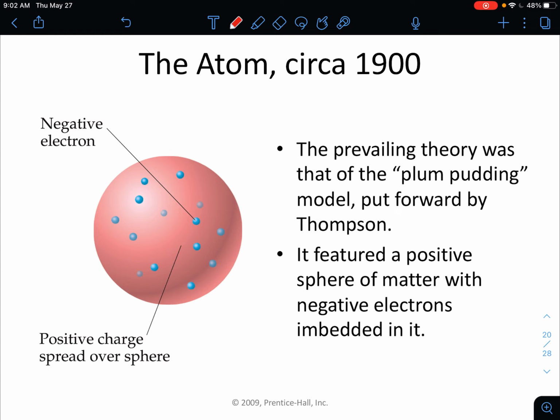One, because it's primarily vacant space, but two, because if the alpha particles encountered electrons, they're large enough that we would expect them to knock them out of the way and go straight through. So that's the premise that we enter the gold foil experiment with. The expectation that the alpha particles are not going to encounter any resistance. They're just going to go straight through an atom.